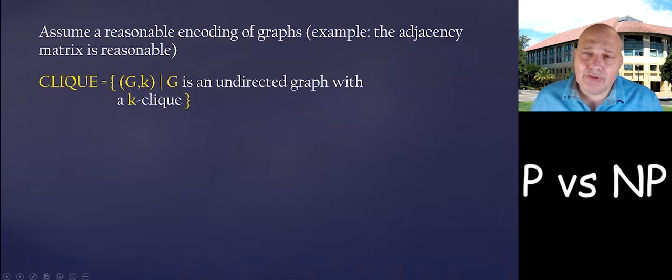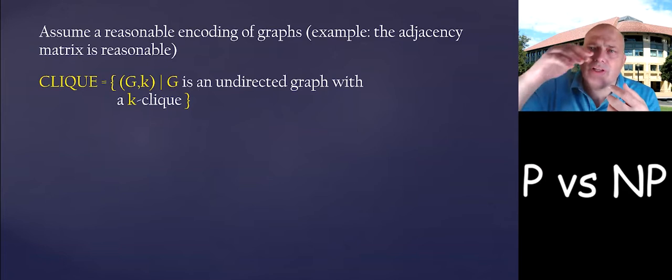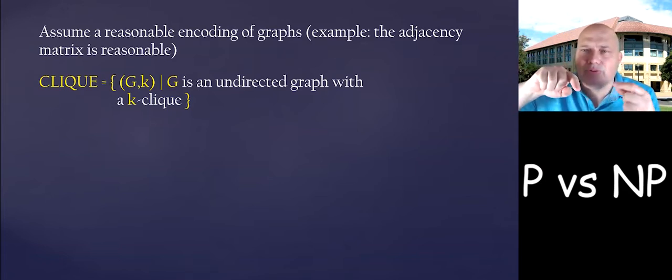Now, assume any reasonable encoding of graphs, and there are two that are the most popular: adjacency matrix or adjacency lists. Let's think about the adjacency matrix. This is a matrix that has all the nodes on one side, all the nodes on the other side, and a 0 or 1 for nodes U and V, where it's 0 if there is no edge between U and V, and 1 if there is an edge.